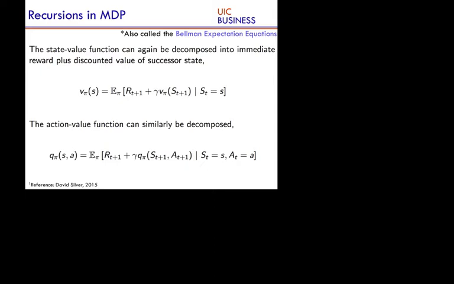Yes, the state value function is just the expectation of the sum over all A's for the first action. So basically V pi of s is just the sum over actions of the probability of taking that action times Q pi of s comma a.